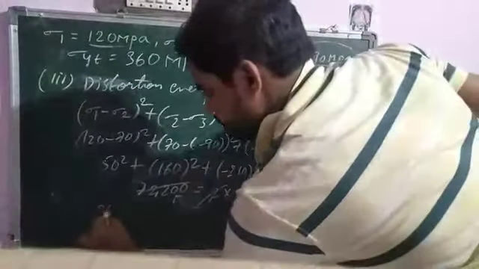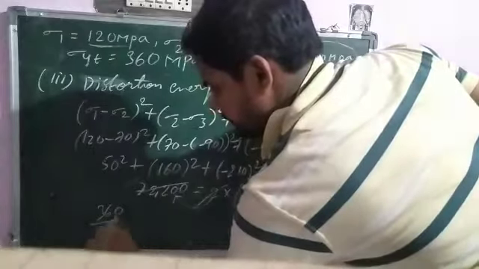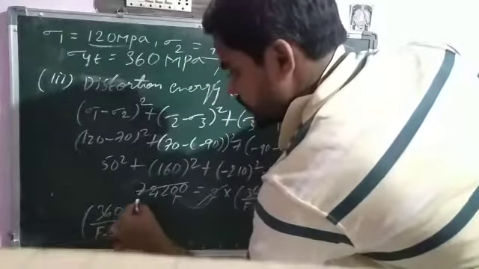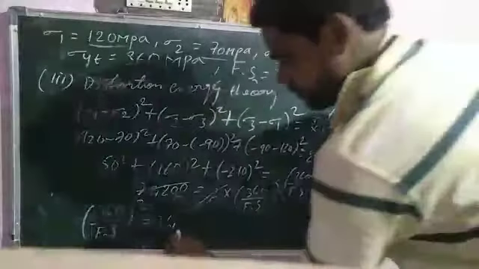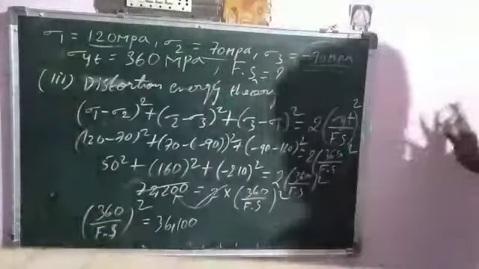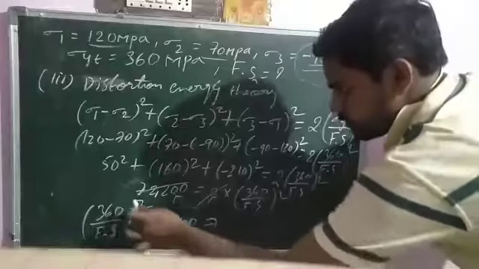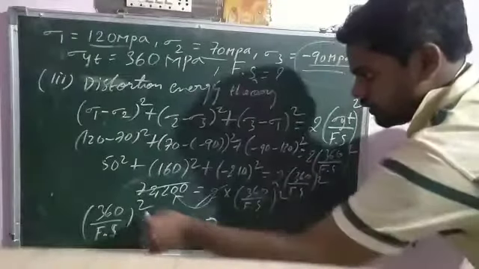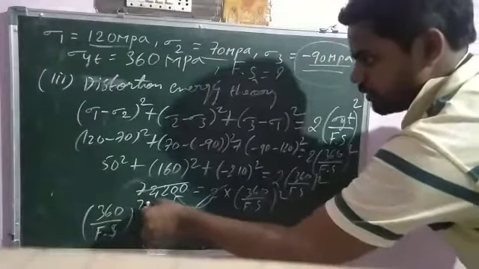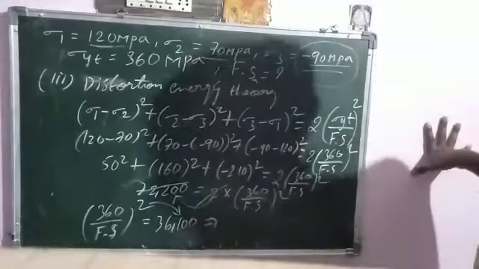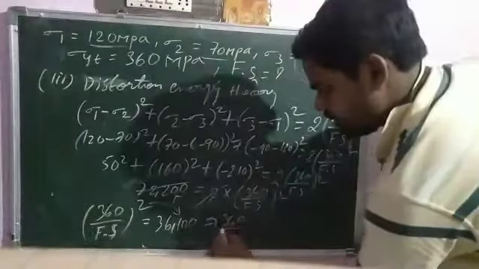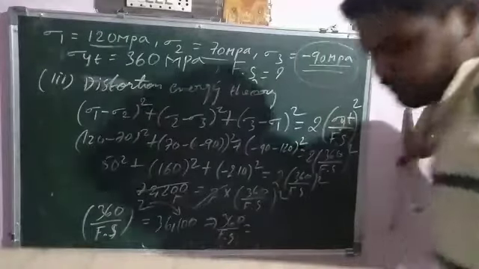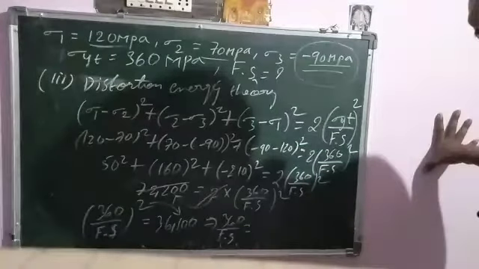Then you will get 36,100. So 360 by factor of safety whole square is equal to 36,100. Now just take this square to the right hand side. It becomes the square root: 360 divided by factor of safety equals the square root of 36,100.